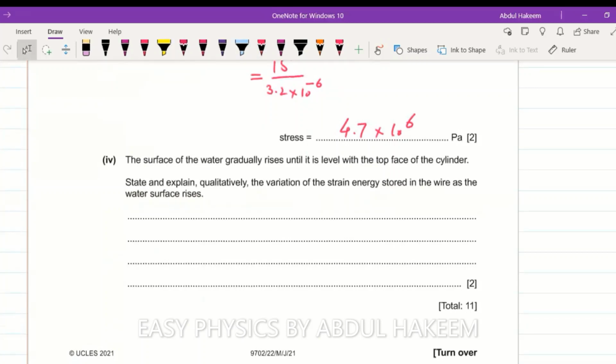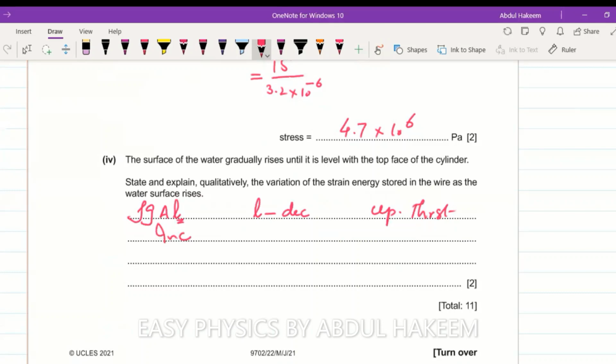Now the next part is: the surface of the water gradually rises, meaning upthrust increases, because the upthrust is rho g A L. This L is the depth of the liquid. So when L increases, upthrust increases.